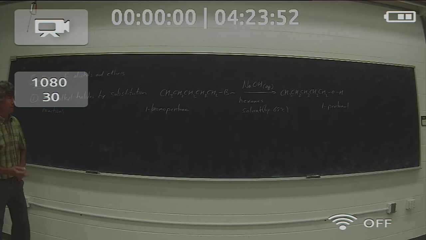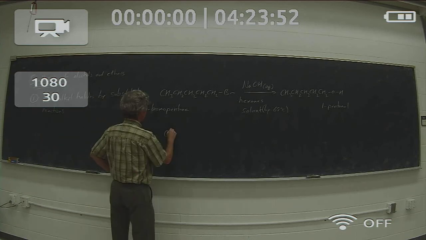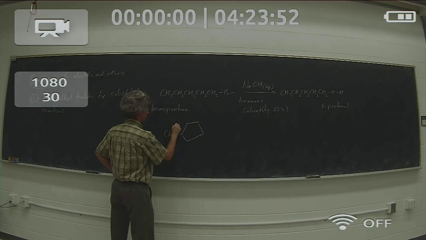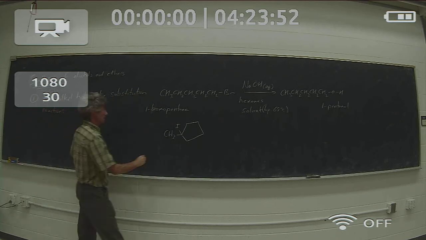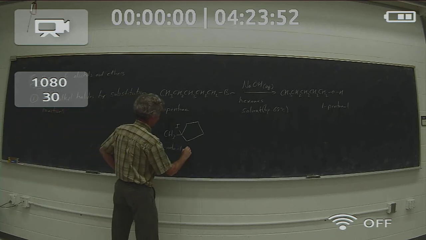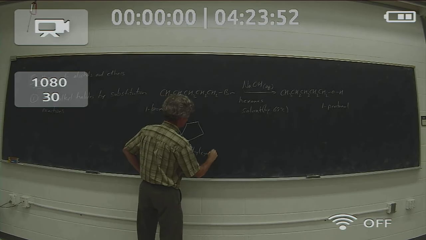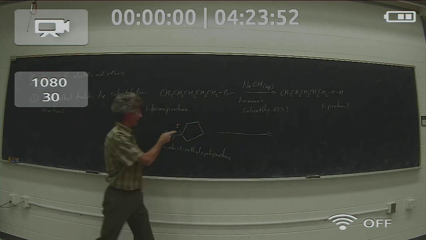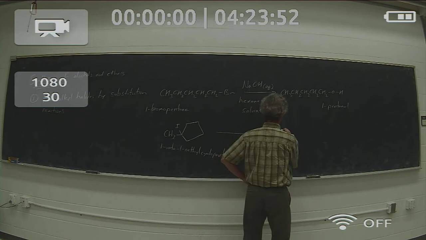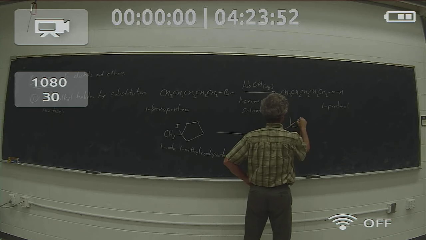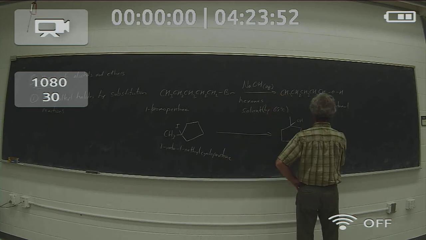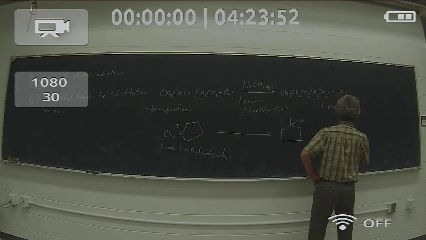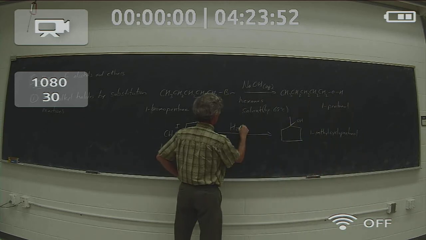If we have a tertiary alkyl halide, like 1-iodo-1-methylcyclopentane, we can convert that to the corresponding tertiary alcohol, 1-methylcyclopentanol, simply by heating it in the presence of water.